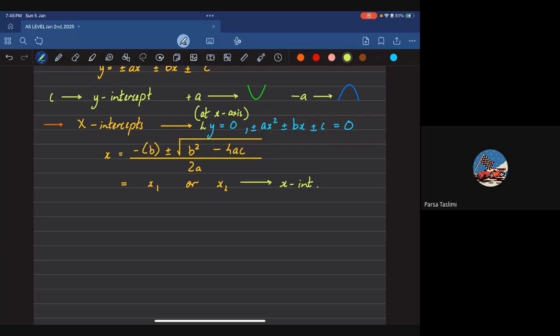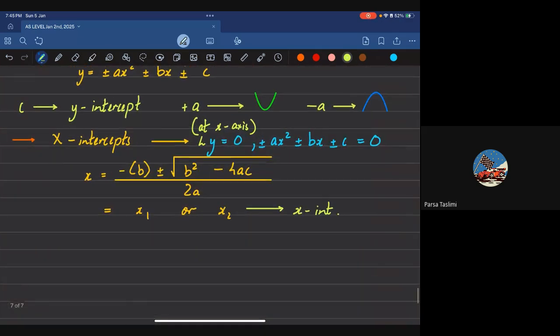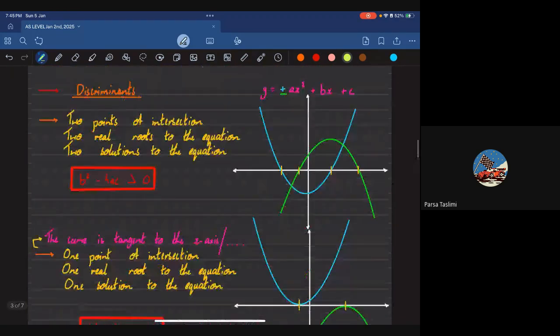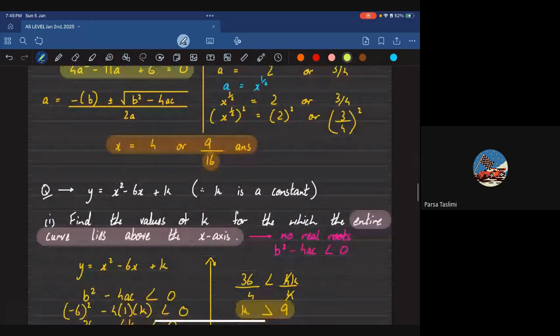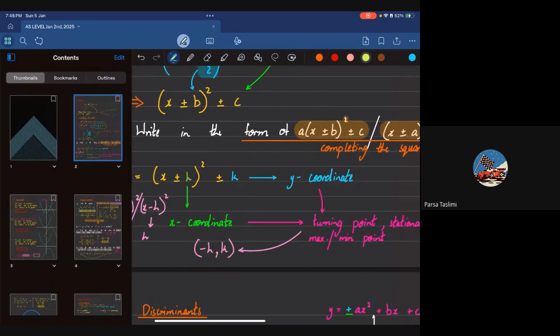Clear? Knowing all of this, we also know how to find the turning point. Where did we do turning point? Yes, when we did quadratics. So if you use completing the square form, you can find out the turning point of your curve as well.